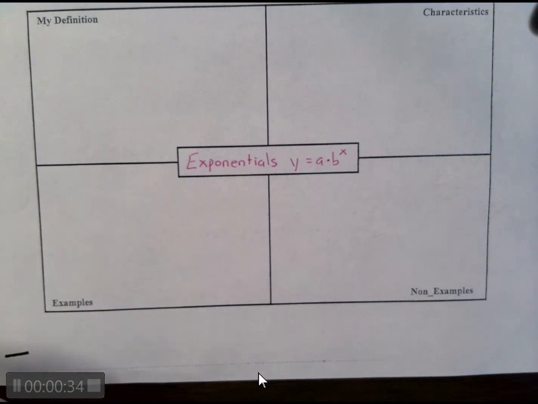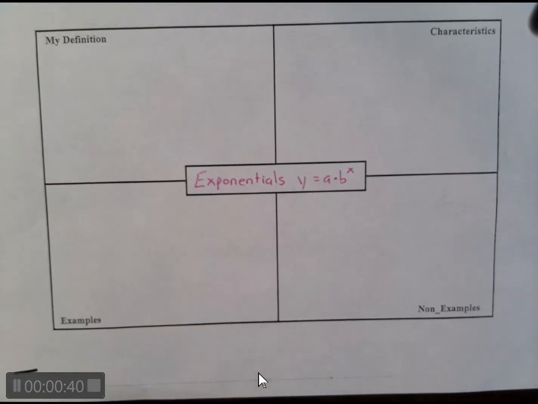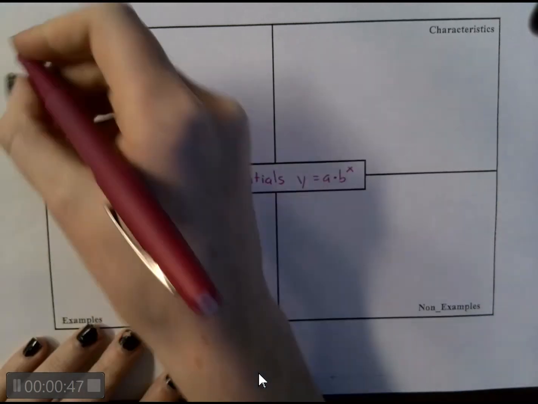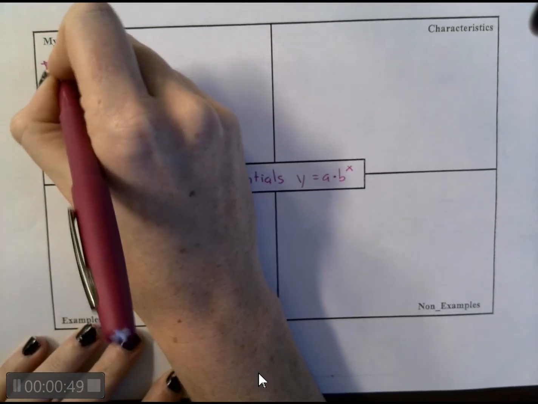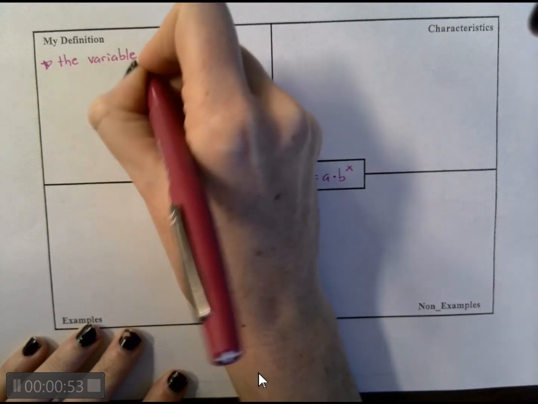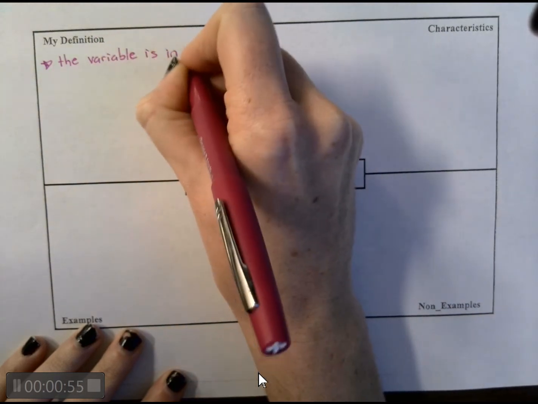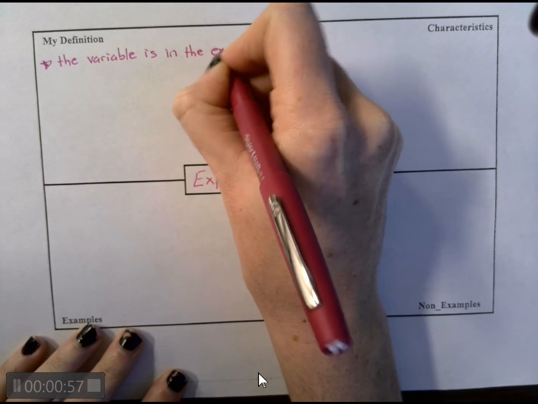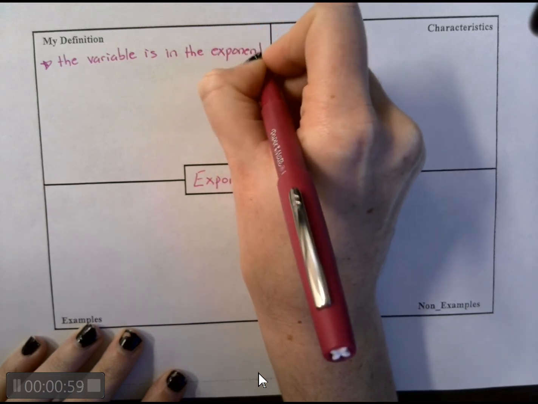Okay, so just looking at our equation, what might your definition of an exponential function be? What's different about it? So you might have said that the variable is in the exponent. Right?